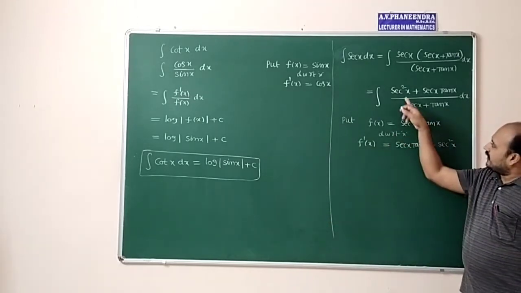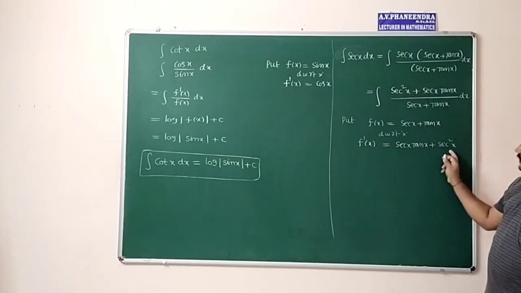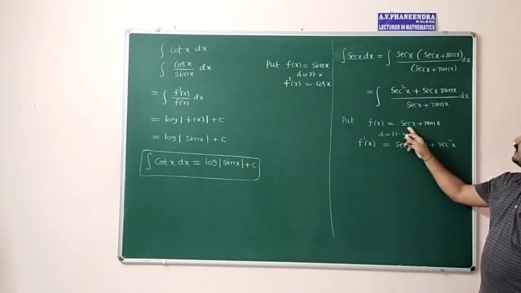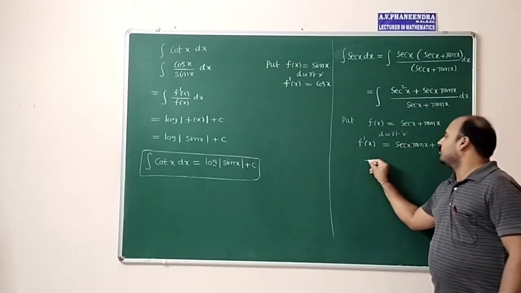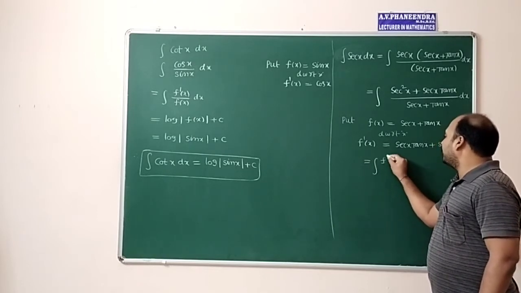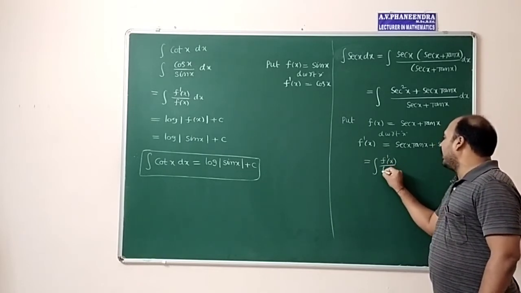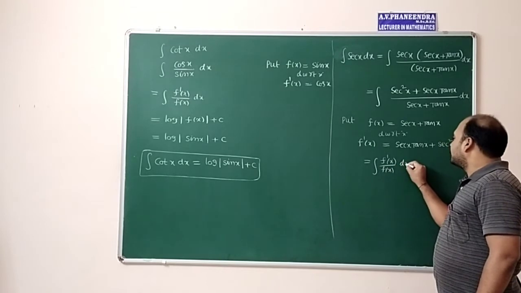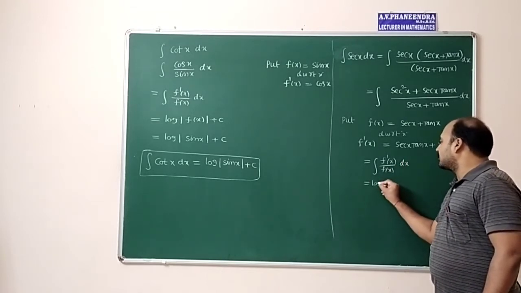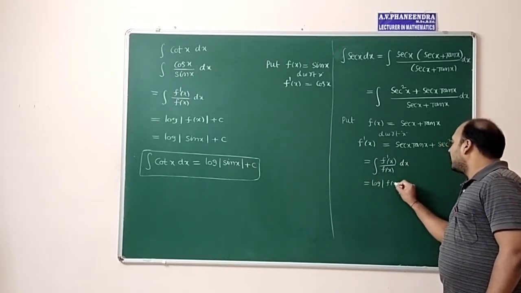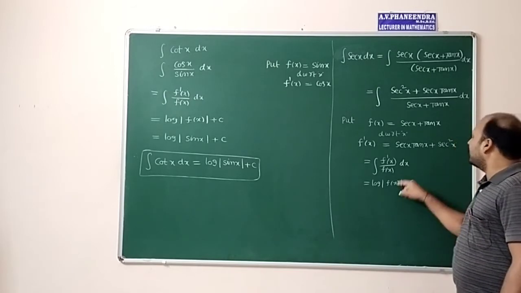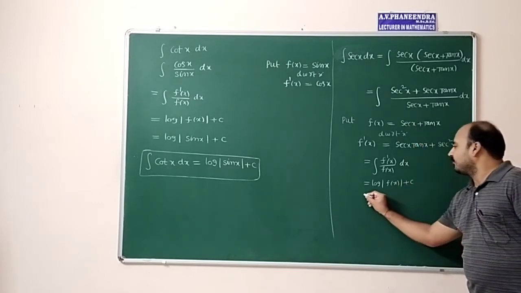So now, in place of secant square x plus secant x tan x, we replace with f dash of x, and in place of the denominator, f of x. Integral f dash of x divided by f of x dx is equal to log mod f of x plus c. What is f of x? We assumed here secant x plus tan x.